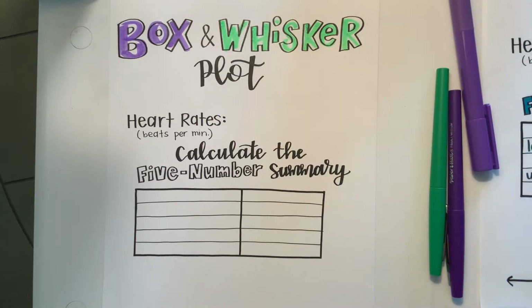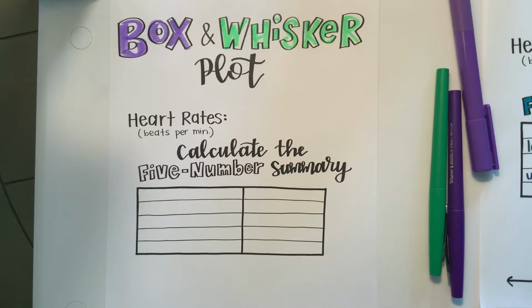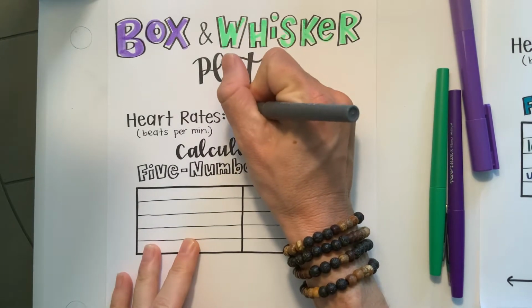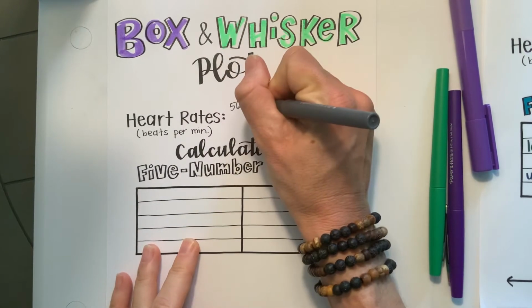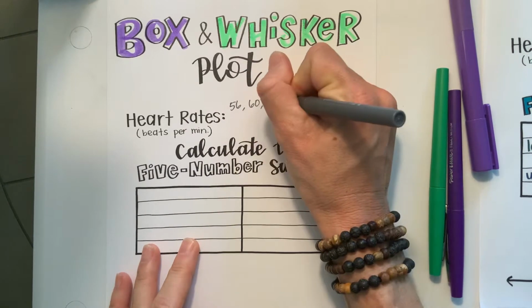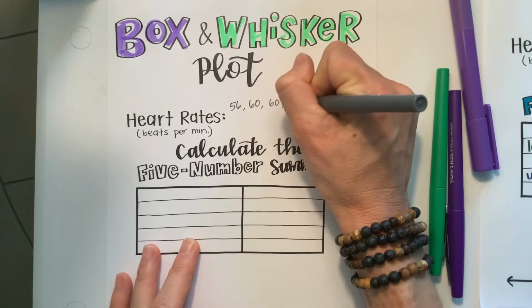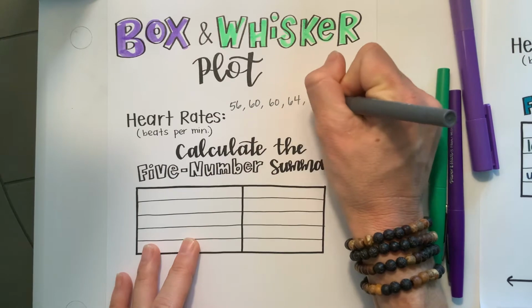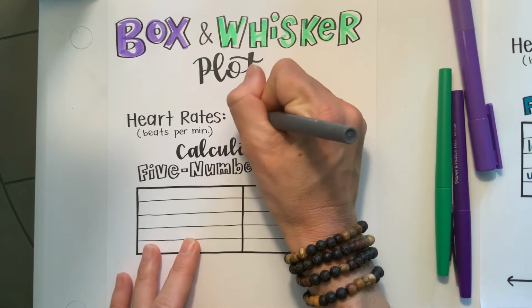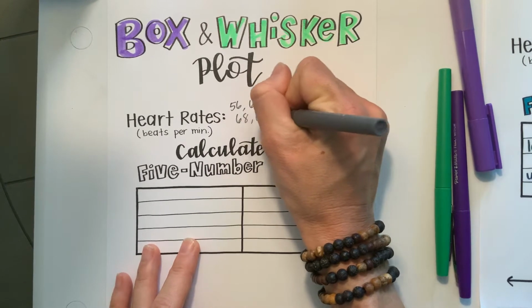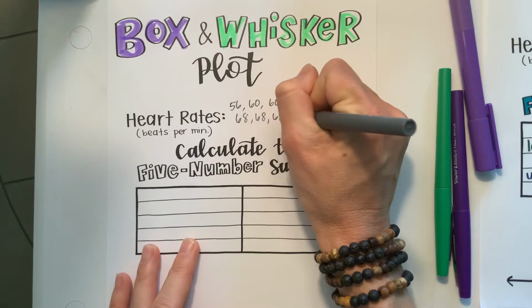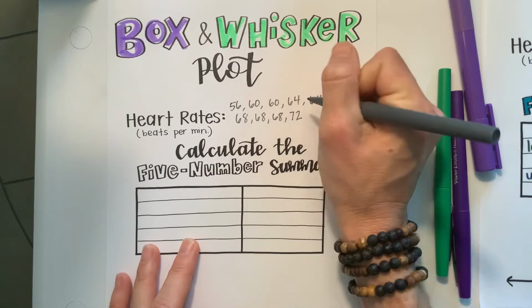So let's say we were to have a data set again on heart rates. Let's say the heart rates we have are 56 beats per minute, 60, 60, 64, 64, 68, 68, 68, and then 72.